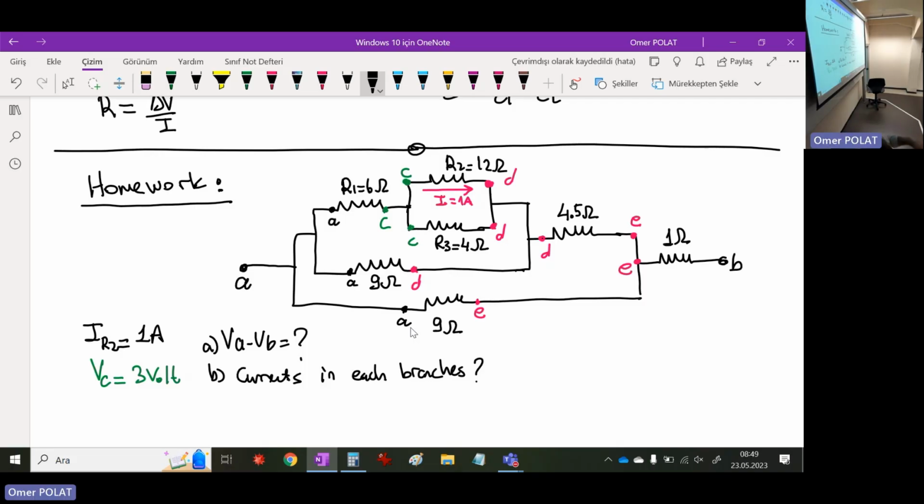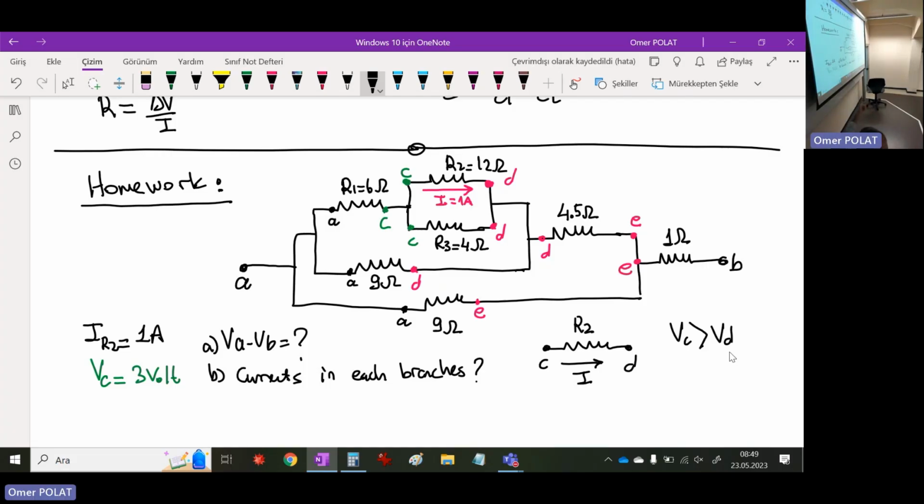Now, VC minus VD, because here current flows from C to D. Let's show. This is the second resistor. This is point C. This is point D. This is the direction of the current. This is a very important case. If the current flows from C to D, that means the potential of C is bigger than the potential of D. Why?